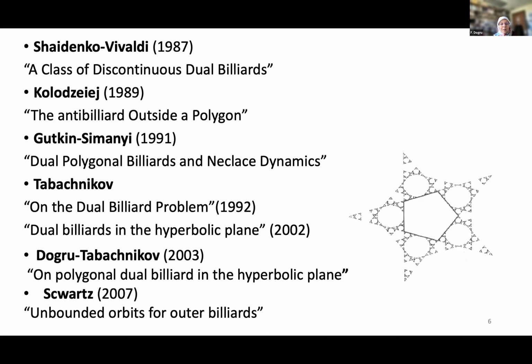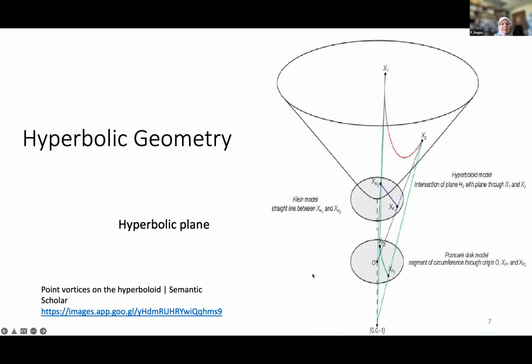But let me talk about just a little bit of the hyperbolic plane. I believe all of us know that the hyperbolic plane has different models. In this study, I worked on the Klein model and the Poincaré model. Both of them have some advantages and disadvantages. For example, the Klein model is very easy to draw pictures in.